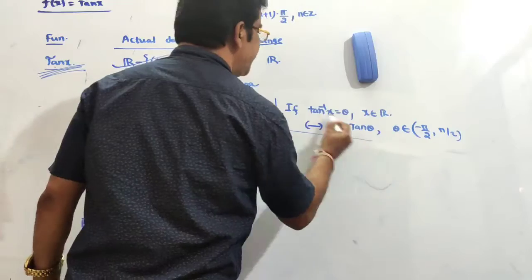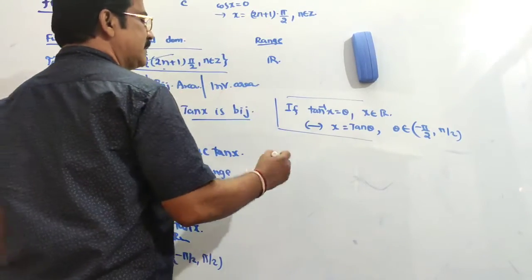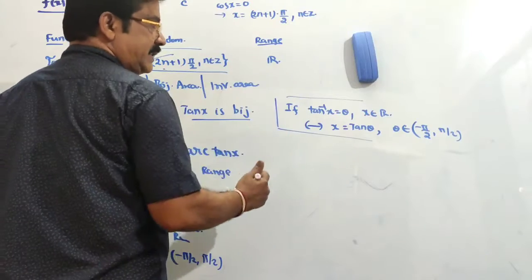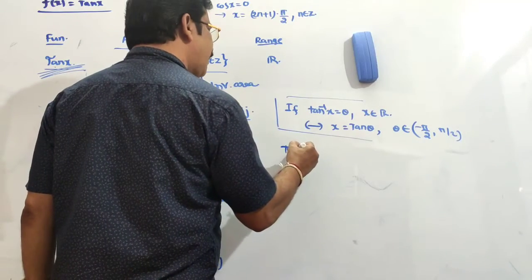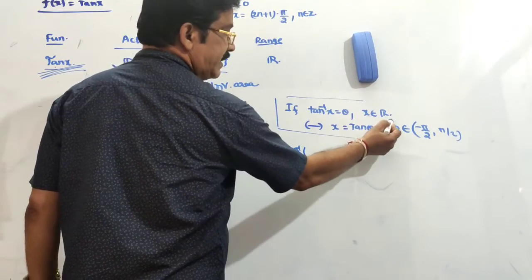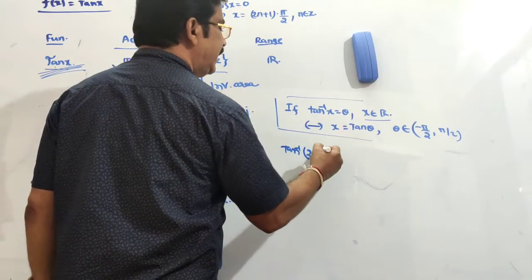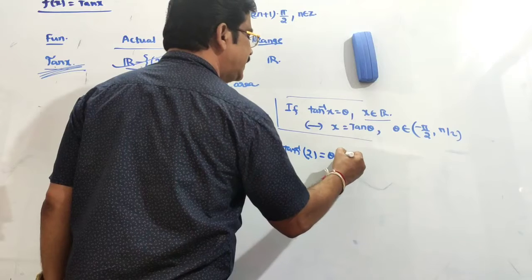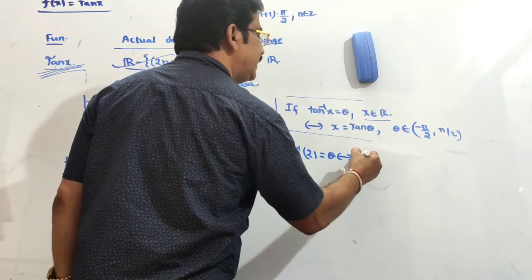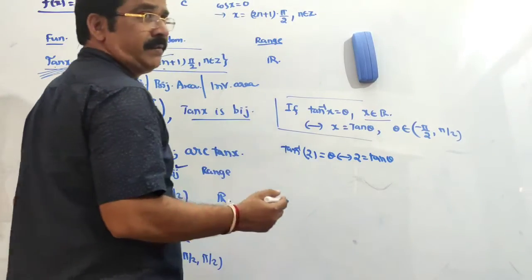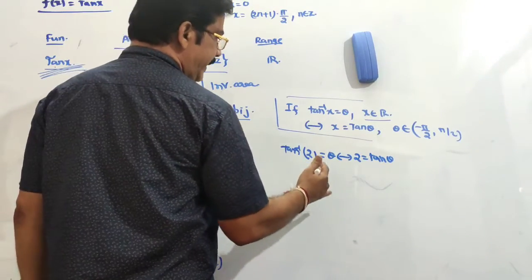This is the definition of tan inverse x. Some explanation about this equation: tan inverse of x, x can be any real number. So you can take 2. Tan inverse of 2 is equal to theta. Then we can write 2 is equal to tan theta. Of course, a solution is there. We can write like that.